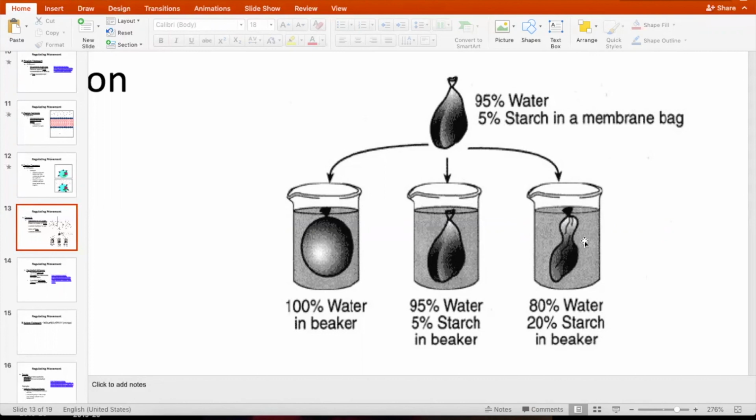The water will come out. And the bag got smaller because it lost water. That's what happened. There's a keystone question, and it could ask you to explain what is happening. It may give you a situation and ask you to pick which one represents the situation. So understand this. If you don't understand this, contact me.